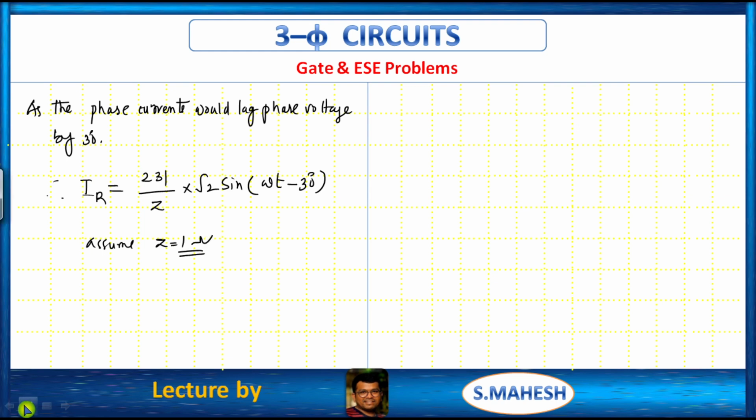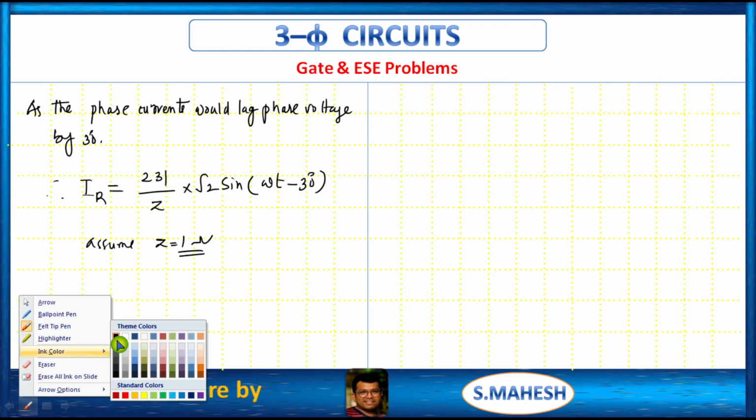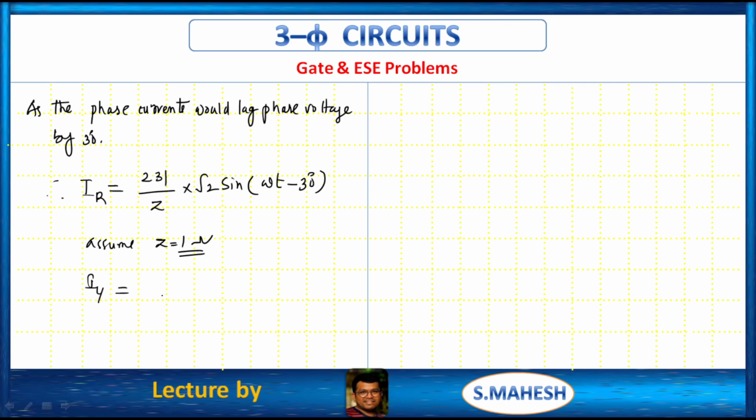Okay. Therefore, IY is nothing but what? 231 into root 2 sine omega t minus 120. IB is what? 231 into root 2 sine omega t minus 240. That's it.